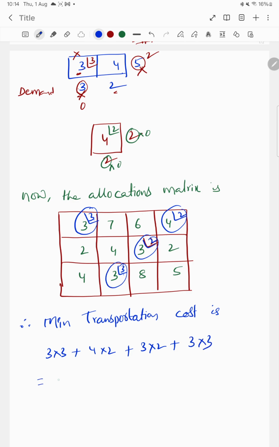So this implies 3 3 is 9, plus 4 2 is 8, plus 3 2 is 6, plus 3 3 is 9. Okay. 18, 26, 32. So 32 is the minimum transportation cost.